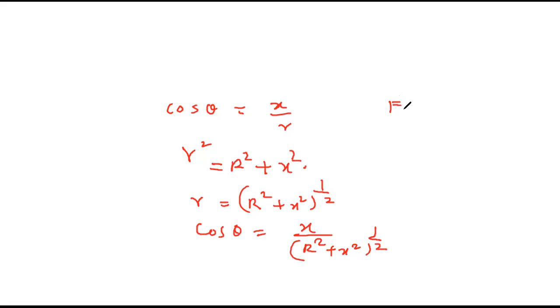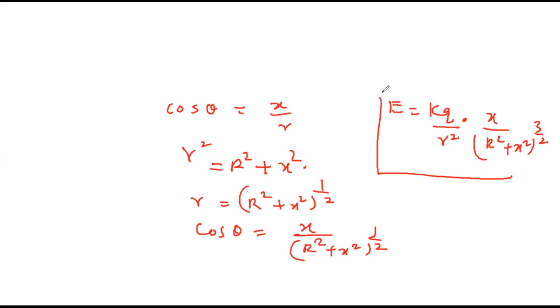So I can say E is kq upon r square into x upon R square plus x square raised to 3 by 2.